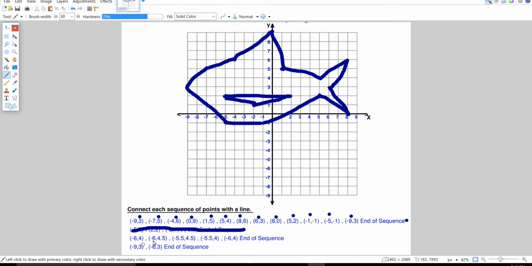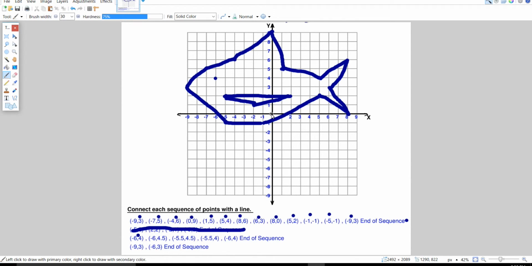Now this one I want you to pay extra close attention to because it deals with decimals. The first point is going to be negative 6, positive 4, an ordinary point. Afterwards, the next point is going to be negative 6 and 4.5. Alright, so follow along with my mouse.